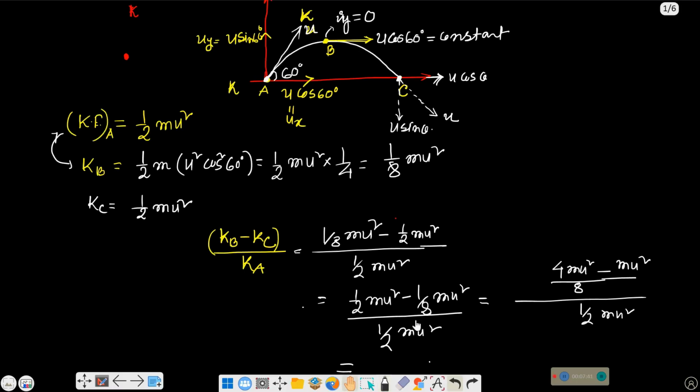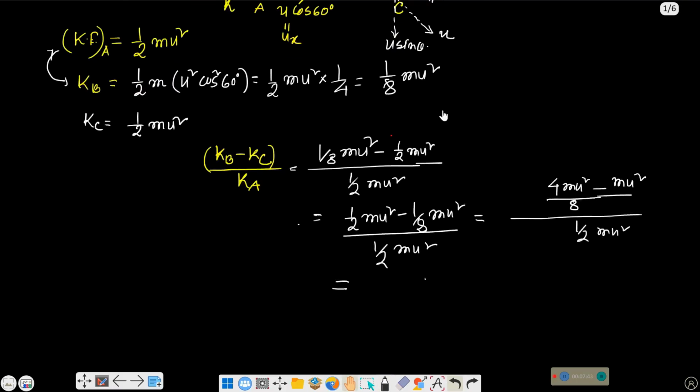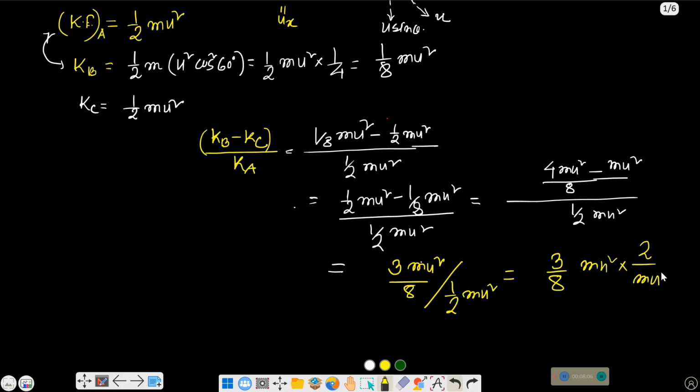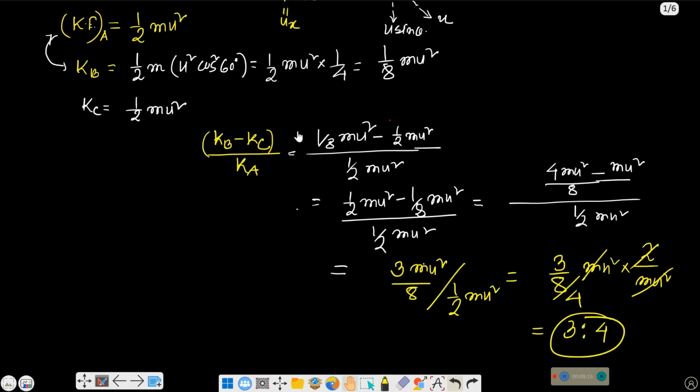So this will be 4 minus 3, which is 3 m u square by 8, divided by half m u square. So we get 3 by 8 m u square into 2 by m u square. This will get cancelled, and this will be 2 4, so the answer will be 3:4. So the ratio is 3:4.